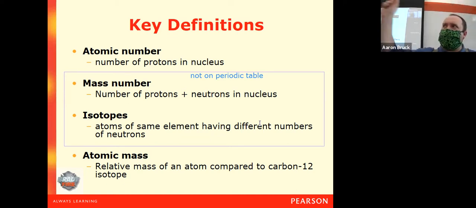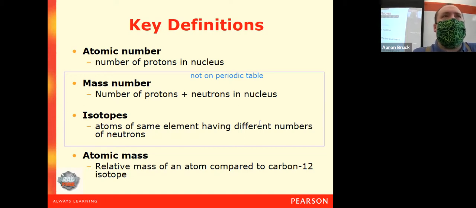So take carbon, for example. Carbon primarily exists as carbon-12. Carbon-12 has 6 protons, 6 neutrons, and 6 electrons. However, there are 2 other forms of carbon. There's carbon-13, which has 6 protons, 7 neutrons, and 6 electrons.